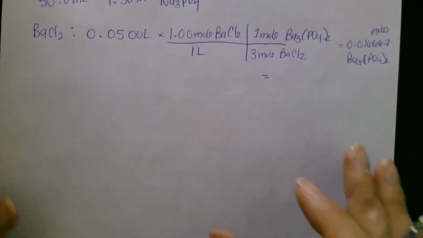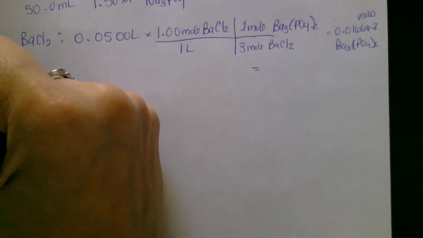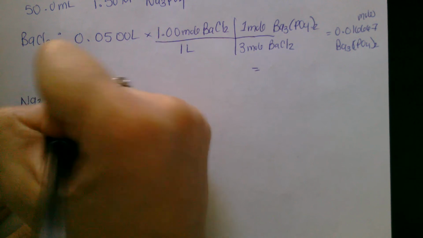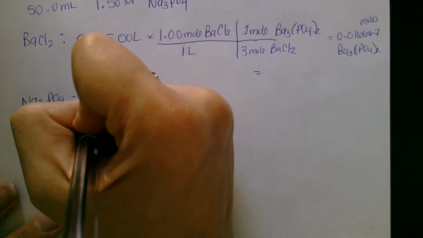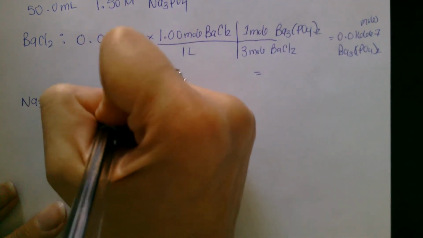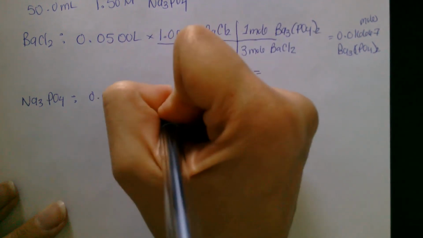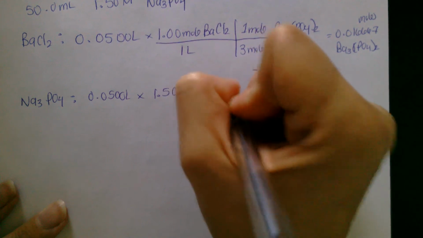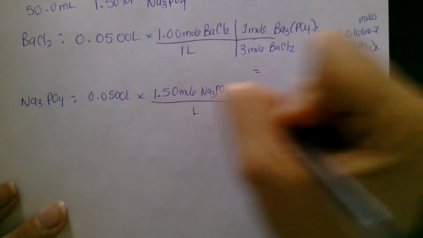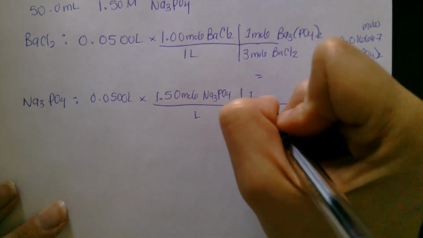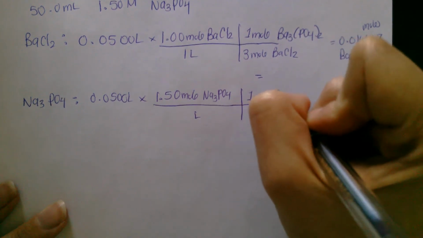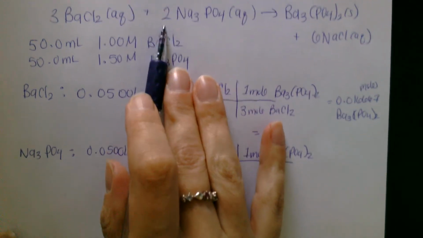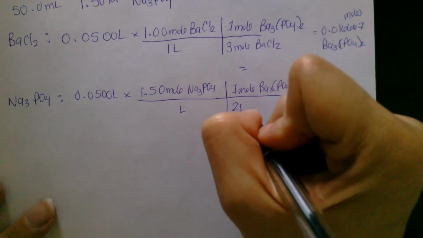We're going to do the same now with our sodium phosphate, Na3PO4. So we do the same thing with volume times the molarity, and now a mole ratio: 1 mole of our barium phosphate for every 2 moles of sodium phosphate.